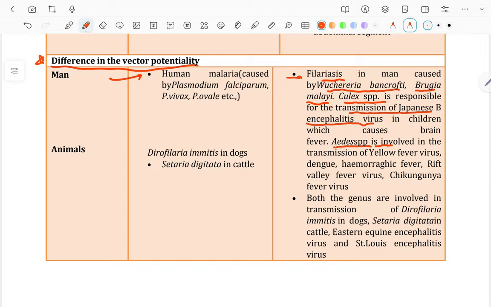Aedes species is involved in the transmission of yellow fever virus, dengue, hemorrhagic fever, Rift Valley fever virus, chikungunya fever virus. Animal. Dirofilaria immitis in dog, Setaria digitata in cattle. Both the genera are involved in transmission of Eastern equine encephalitis virus and St. Louis encephalitis virus.